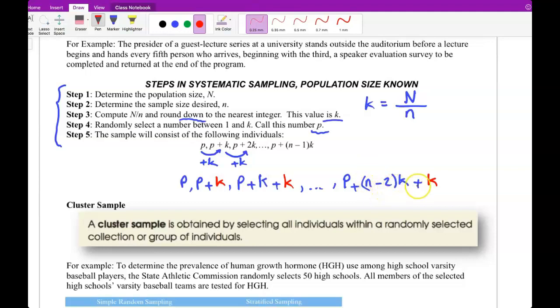Now plus k, adding all these, we have p plus n minus 1 times k.